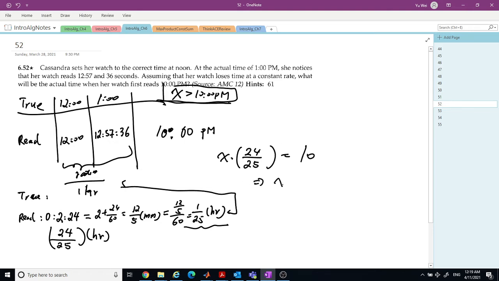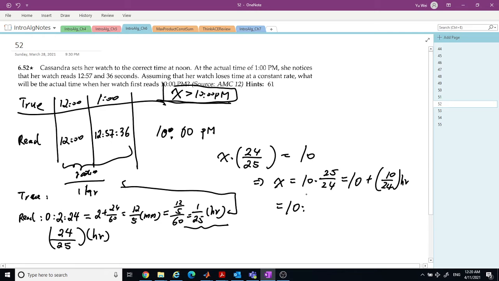So then we can calculate X equals 10 times 25 over 24, which equals 10 plus 10 over 24. This is in hours, so it equals 10 o'clock plus something.